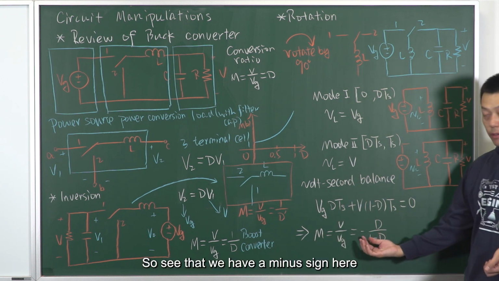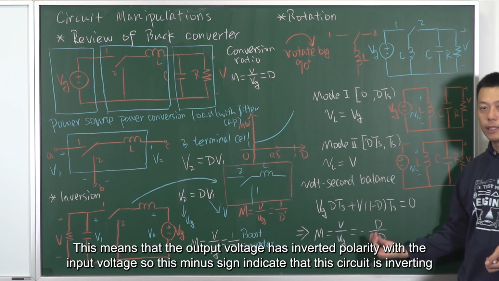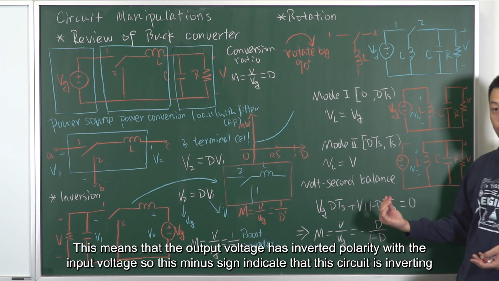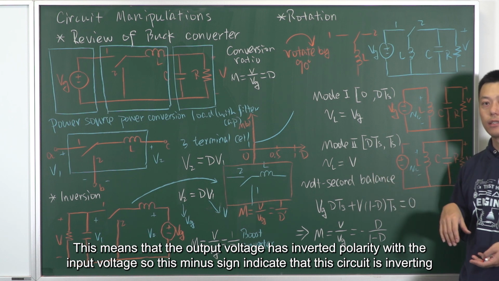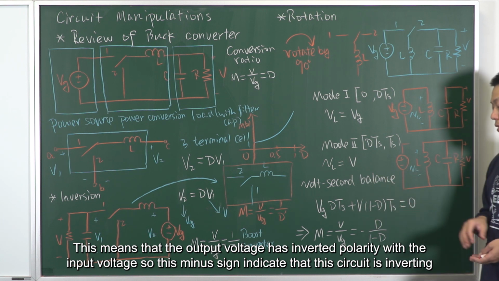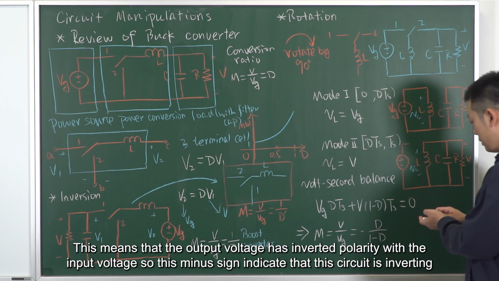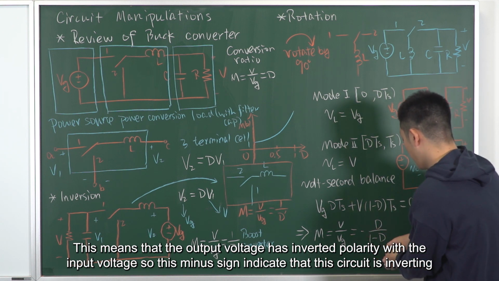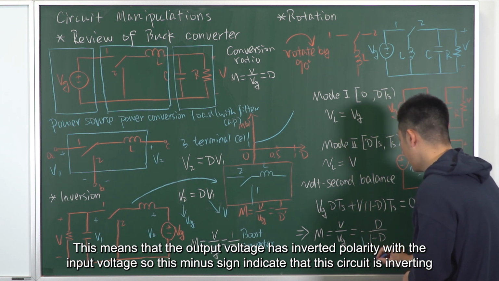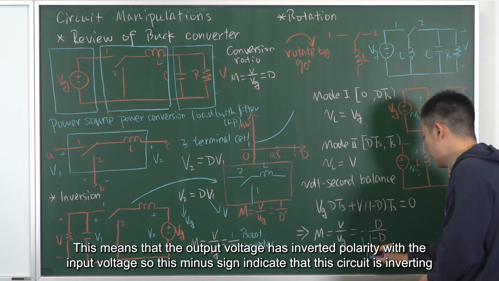So see that we have a minus sign here. This means that the output voltage has inverted polarity with the input voltage. So this minus sign indicates that this circuit is inverting.